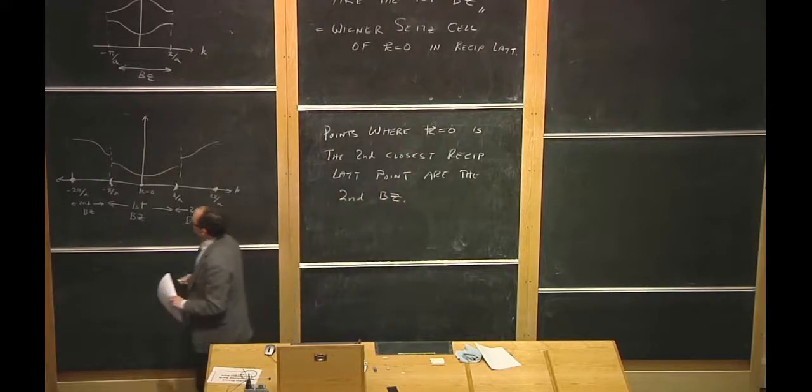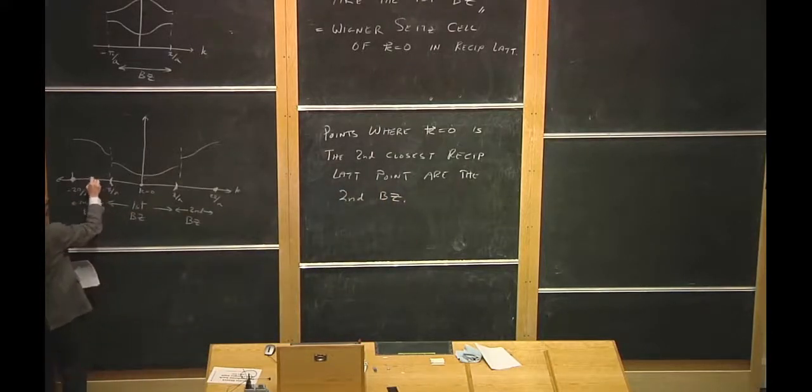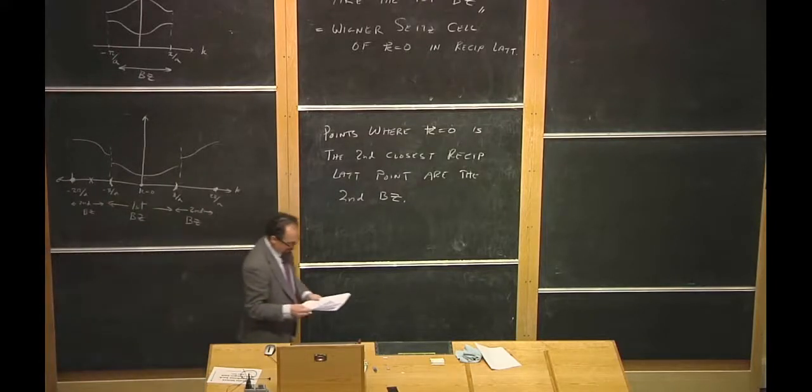So for example, if we pick a point here, call this point x, the first closest reciprocal lattice point to this point x is here. The second closest reciprocal lattice point to the point x is K equals 0. Therefore, this point x is in the second Brillouin zone. Good? Okay, that's the definition.